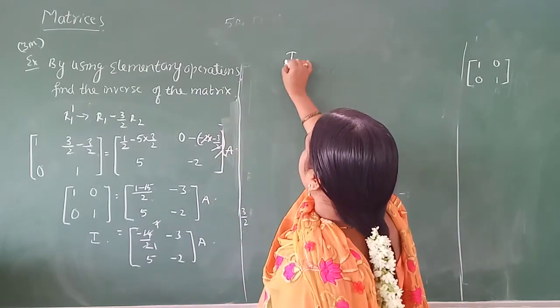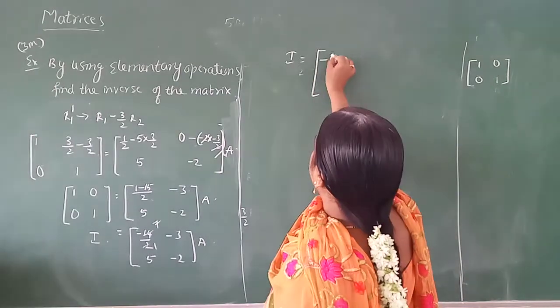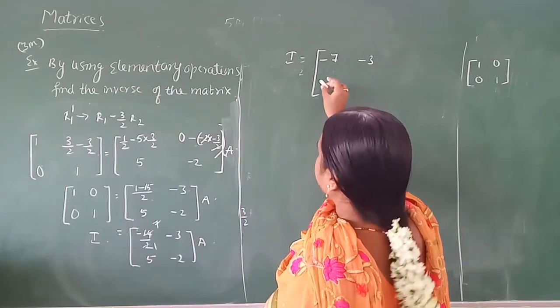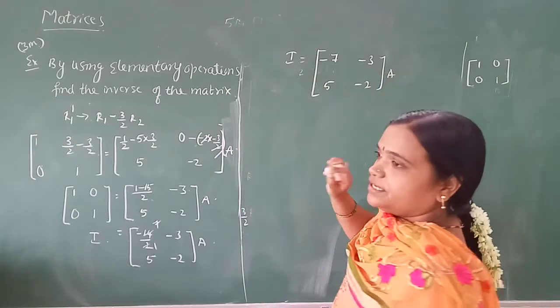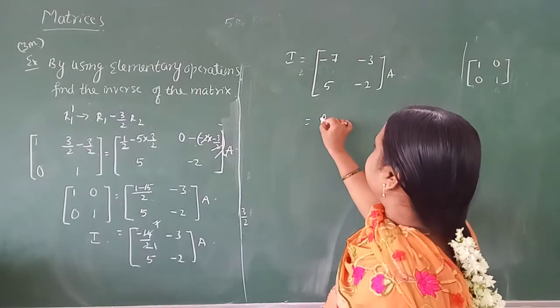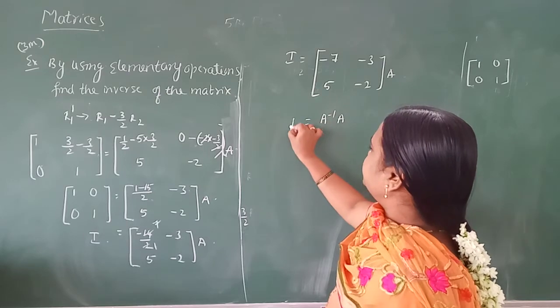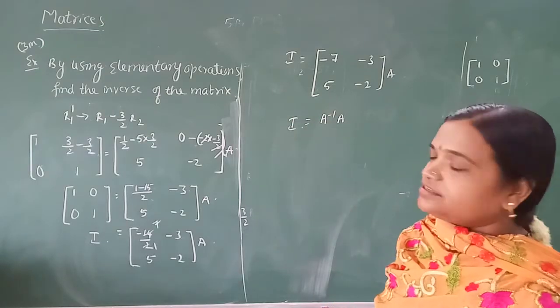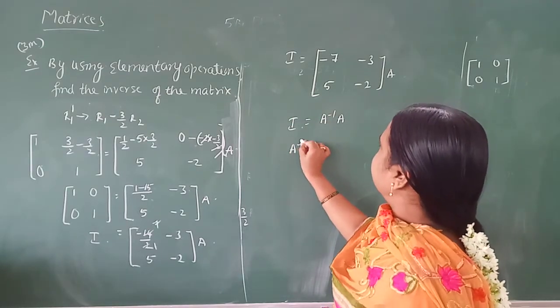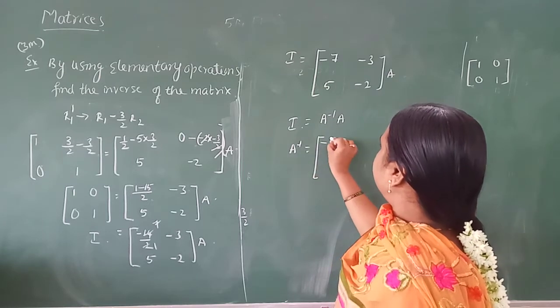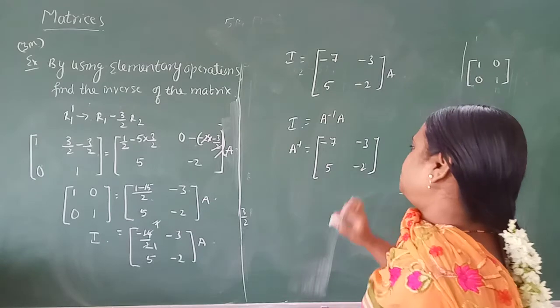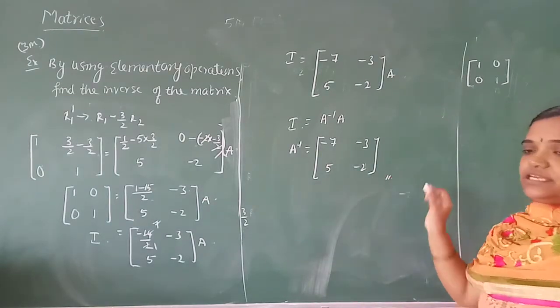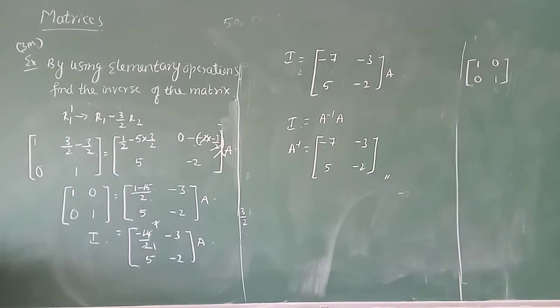I will get minus 7, minus 3, 5, minus 2. We get A inverse into A is I. What is our A inverse? A inverse is minus 7, minus 3, 5, minus 2. In this way we can calculate the example.